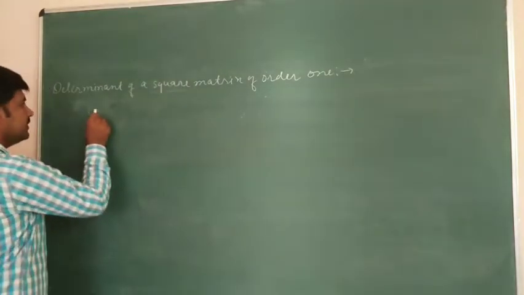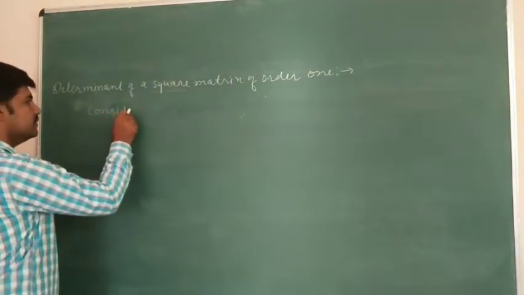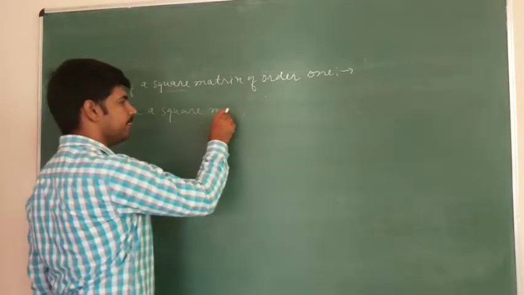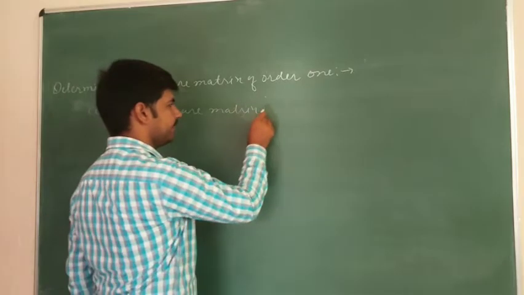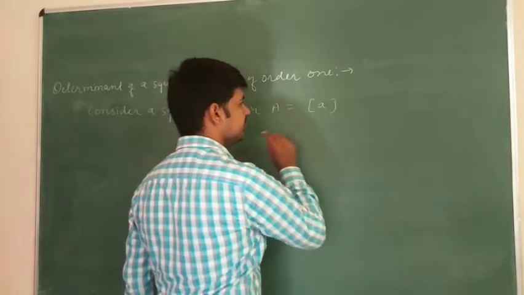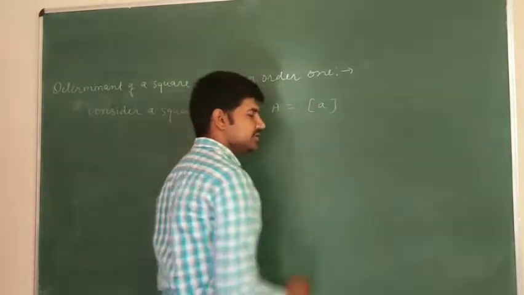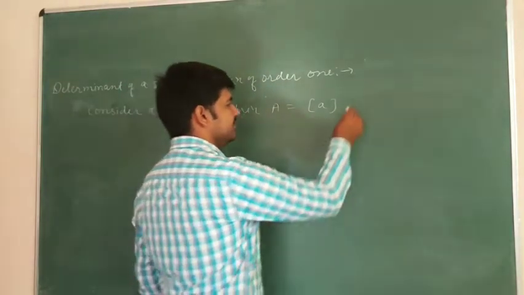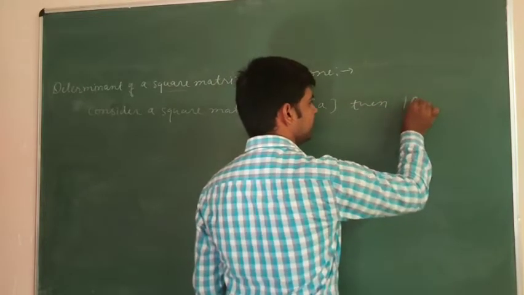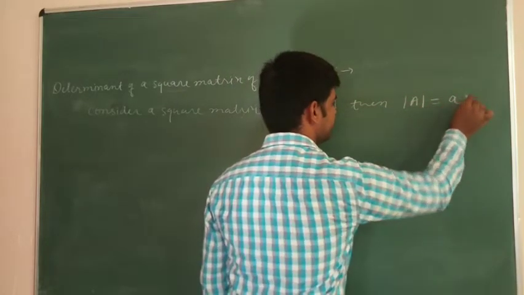So here consider a square matrix A = [a], and since the order is 1, then the determinant of A is equal to a.